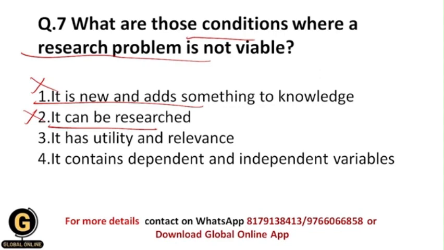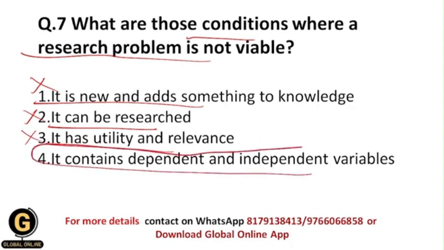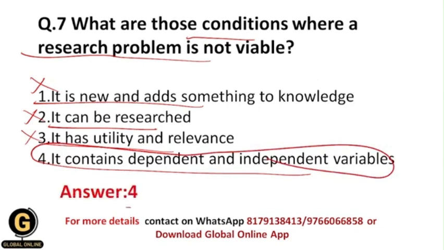But we have asked about when it is not viable. Okay, it has utility and relevance. Yes, under this situation as well it is viable, so this is eliminated. It contains dependent and independent variables. Yes, so under this situation the research problem is not viable. Okay, and that's why the correct answer to this question is 4.